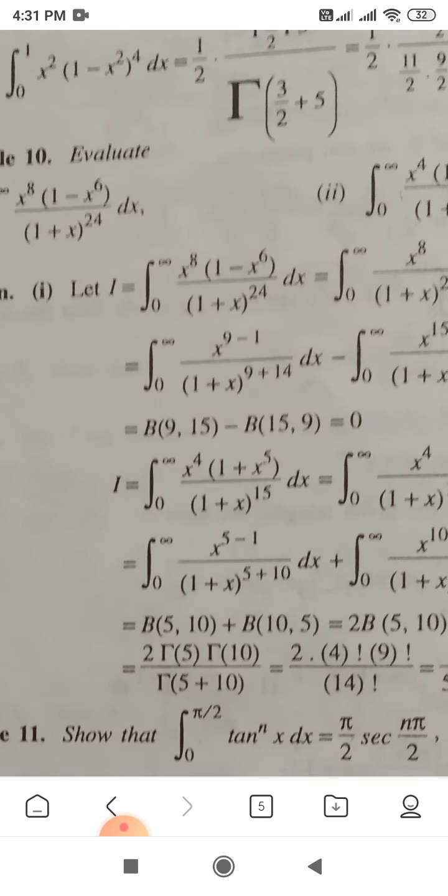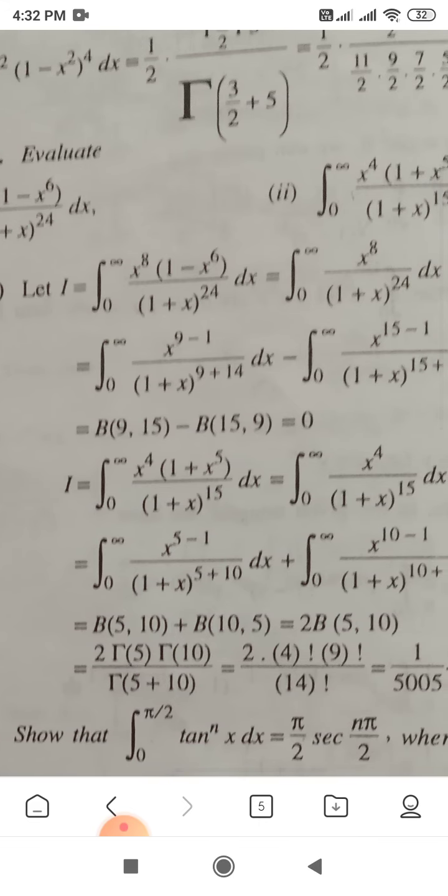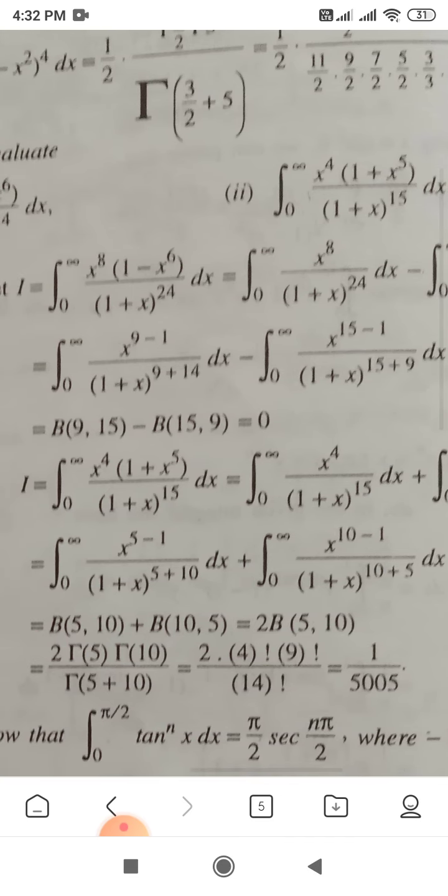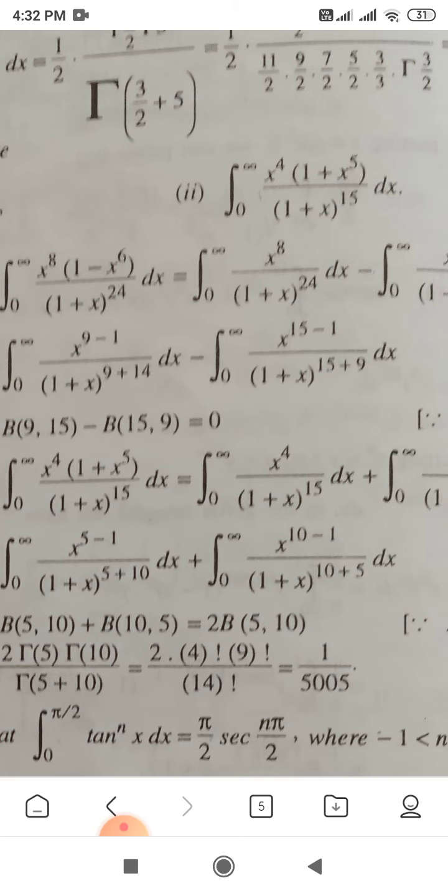Now this expression can be expressed in another manner by slight changes. x^8 can be written as x^(9-1), and (1 + x)^24 can be written with 9 plus 14. The exponent 9 is common in numerator and denominator, where m plus n.